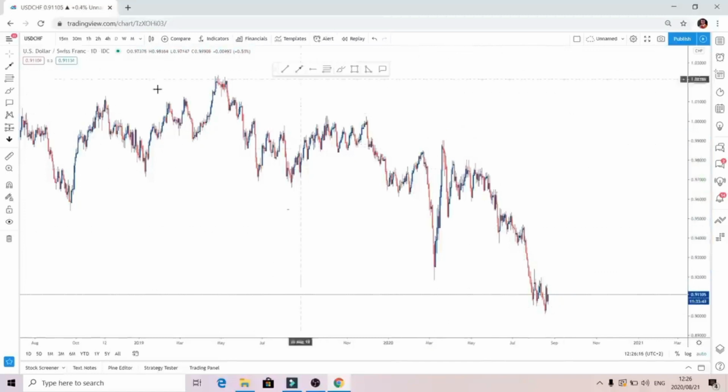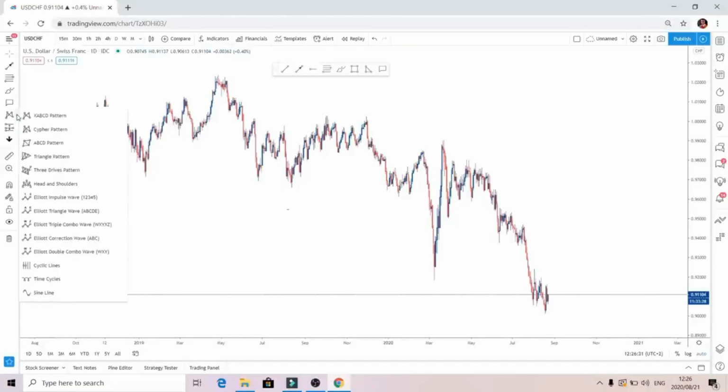But let's remove it. Let's now go to the sixth tools, which are patterns. These are actually the tools of how to identify patterns. As you can see, if we click on it, you use the ABC pattern, you're going to actually get it right there. The cipher pattern, ABCD pattern, triangle pattern, 3D. So guys, we don't actually use a lot of these patterns.